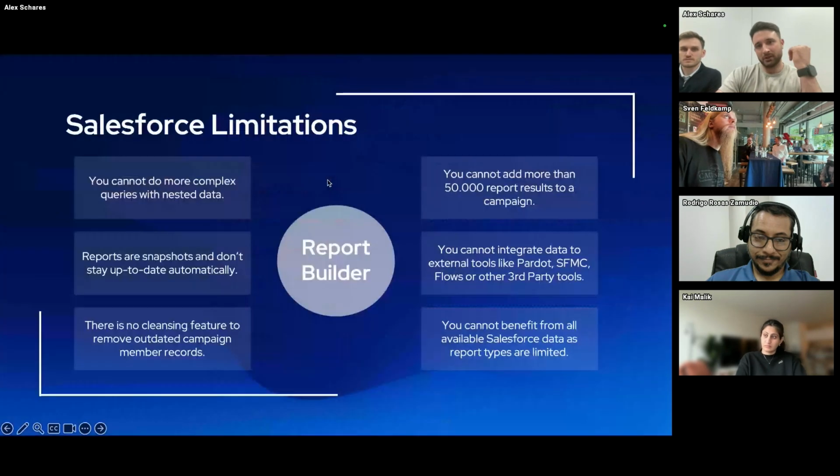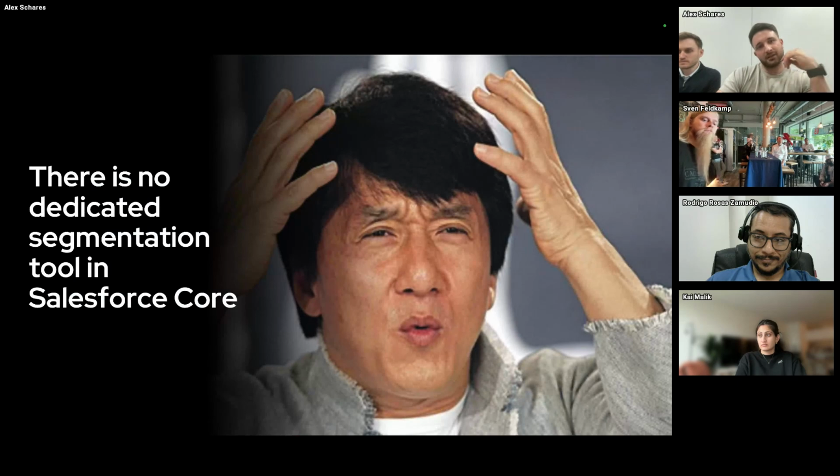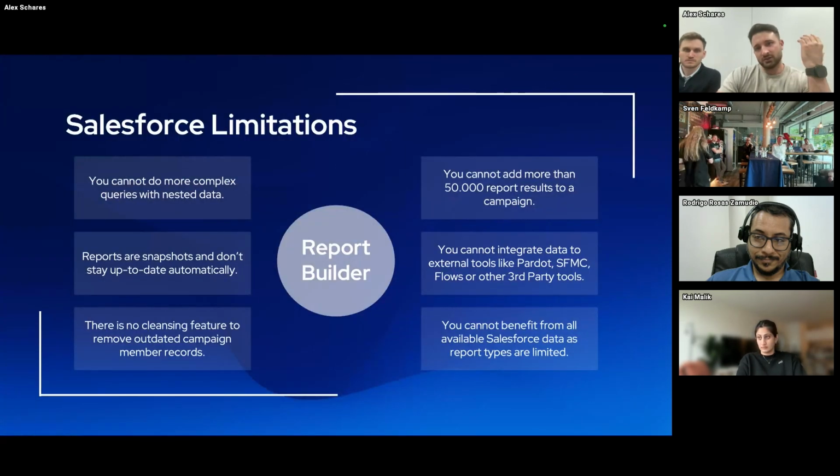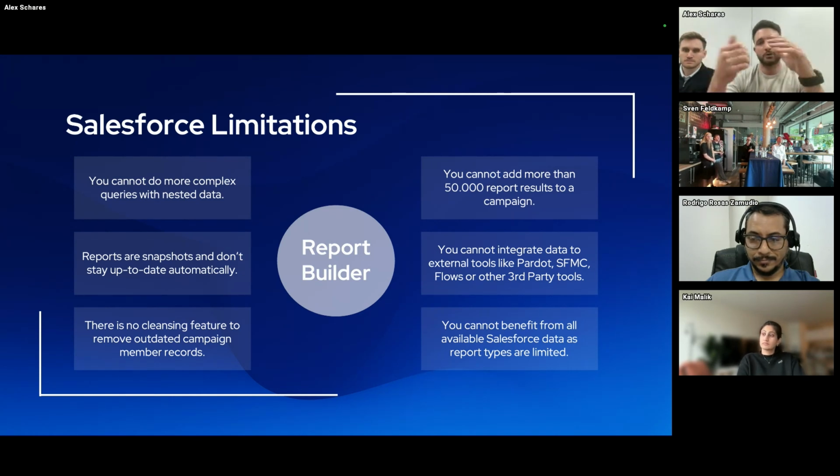Why? Because when we look at Salesforce, searching for that dedicated segmentation tool, the tool that comes closest to it is the report builder. And as it's in the name, report builder is there to report on something, but that's basically it. If we try to use the report builder for segmentation, we have plenty of limitations. As you might know, report builder builds on report types.